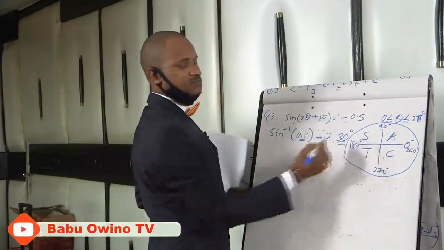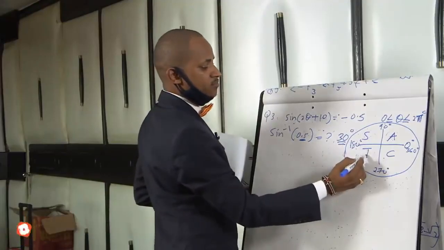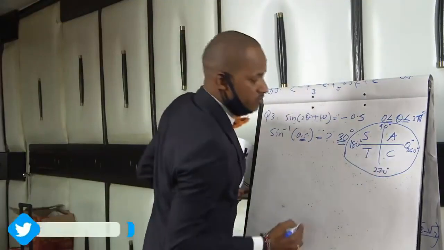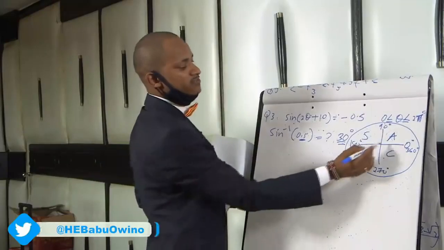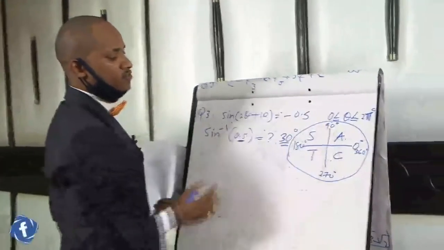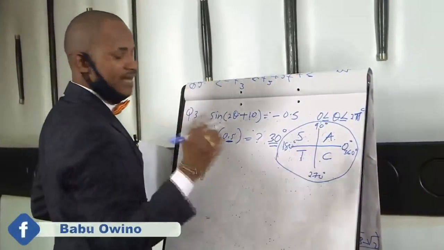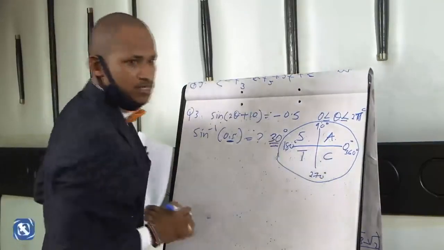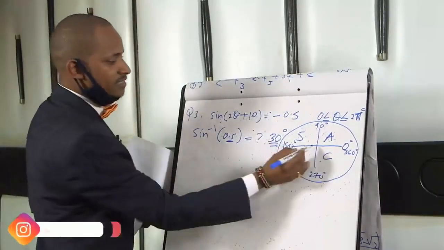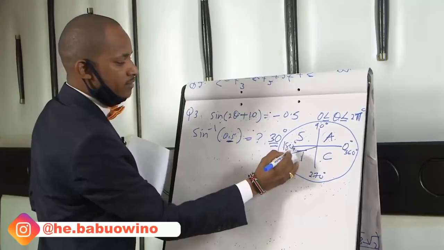Sine is positive in the second quadrant, tangent is positive in third, cosine is positive in fourth. But sine is positive only in the first and the second quadrant, although it is negative in the third and the fourth quadrant. So our angle 30 degrees lies somewhere here.